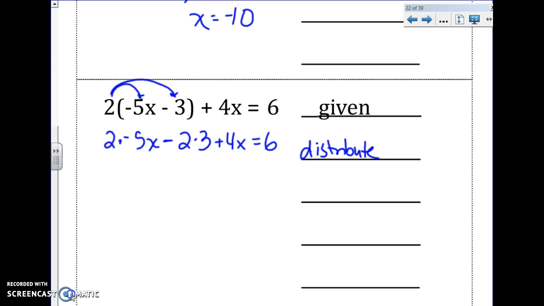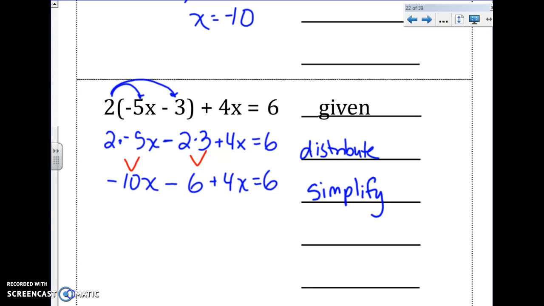Now you're going to show me that you know how to multiply. And I get negative 10x minus 6 plus 4x equals 6. All right, now I have to do a little bit of regrouping here because I want to put my x's together.